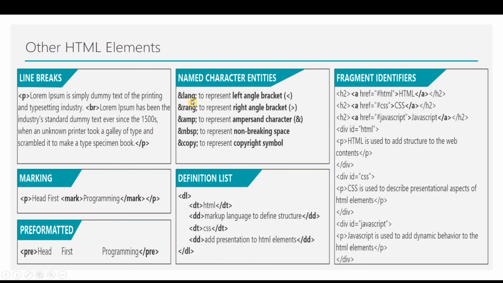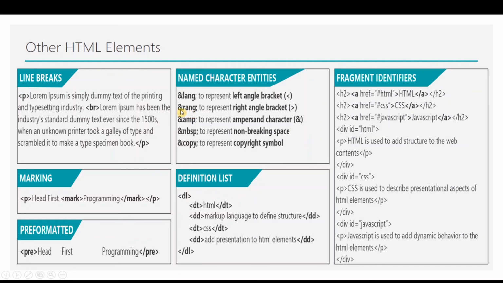Each character entity is given a name and is preceded by an ampersand to indicate to the browser that what follows is a character entity and it should be treated as such. The semicolon at the very end is then used to mark the end of the entity name. For the left angle bracket, the entity name is lt, for example, and likewise for the right angle bracket, it appears with the name gt.